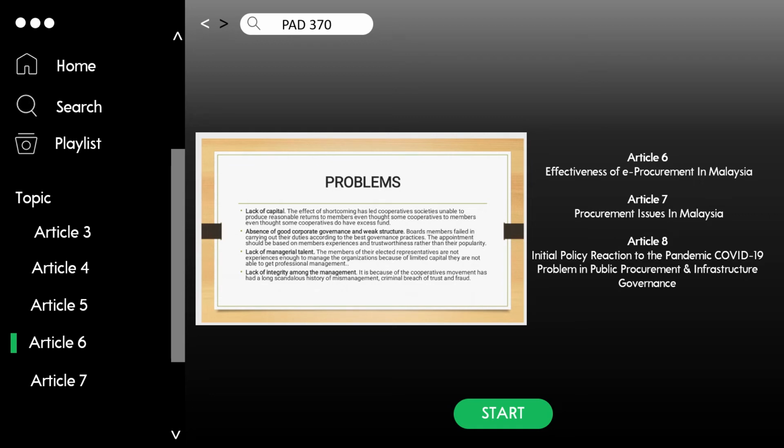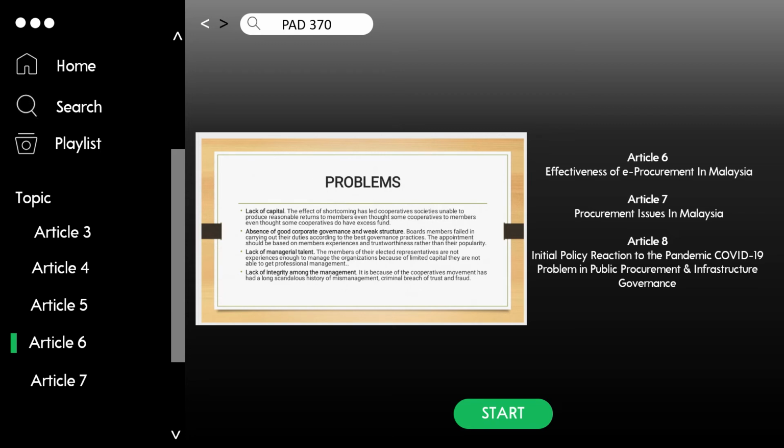So the problems these three articles are trying to say are, firstly, lack of capital, meaning the effect of the shortcoming has led cooperative societies to be unable to produce reasonable returns to members, even though some cooperatives do have excess funds.